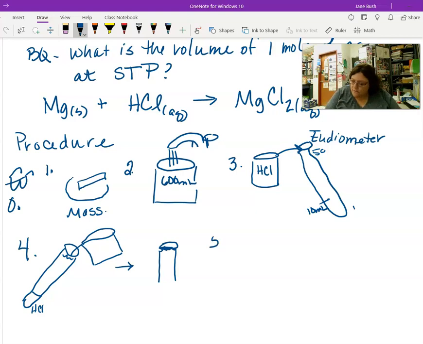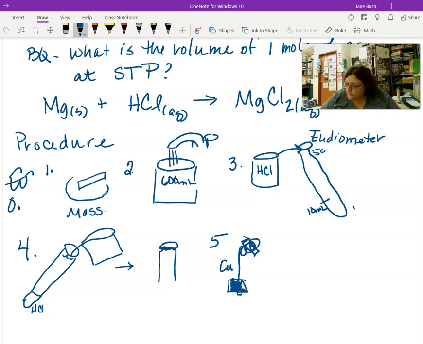Step 5, you're going to take your piece of magnesium, and you've got a coil of copper, and you're going to take your magnesium and stick it in the coil and wrap the coil around the copper. I'll demonstrate that for you. So this is copper wire, and the copper wire is stuck inside of a black stopper, and you want the magnesium to stay in that copper wire.